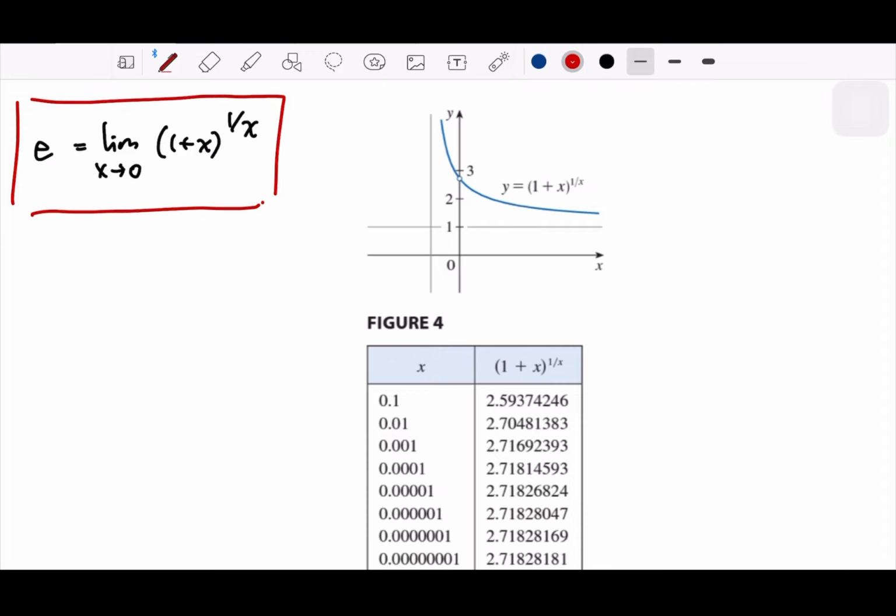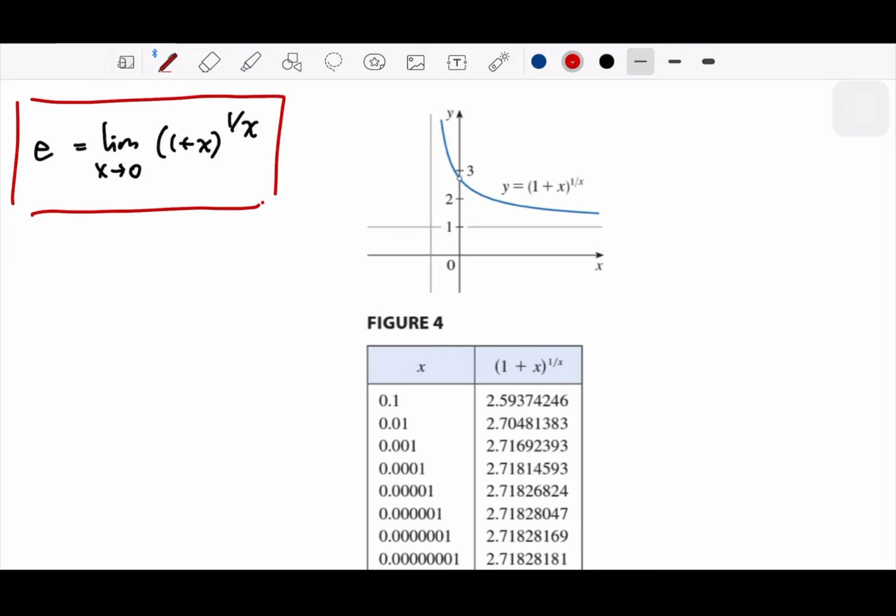Okay, so that's e. In calculus we use e or pi as simply as we observe. In questions we just use e, we use pi, but eventually it's more than that. It's not as simple as just using e.